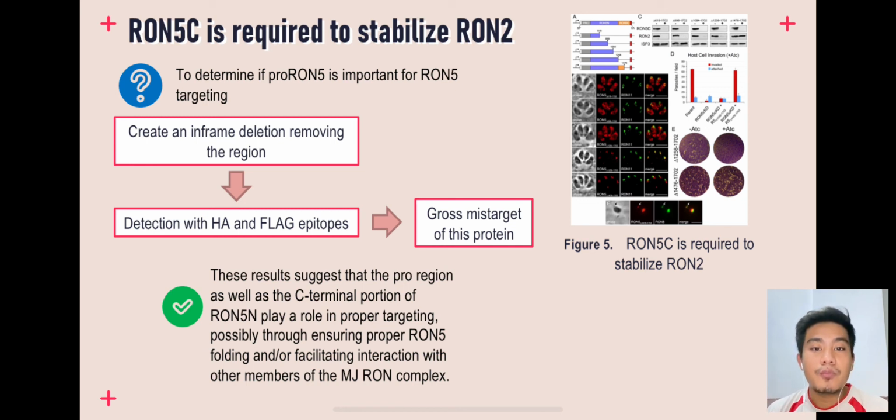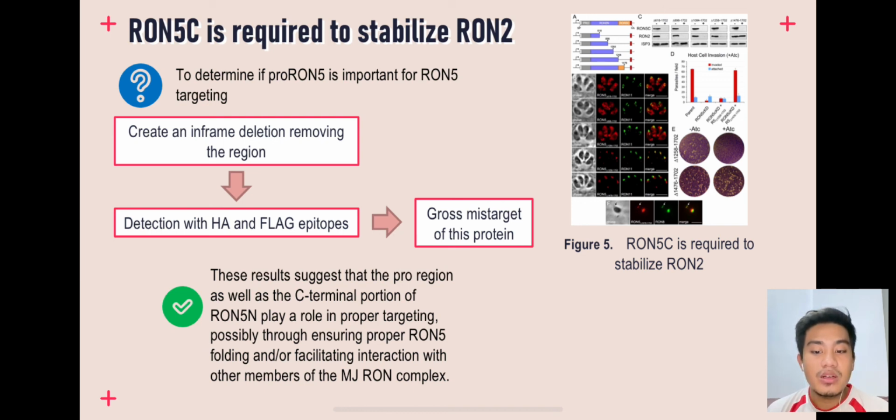To see if pro-RON5 is necessary for RON5 targeting, an in-frame deletion was made in the HA-FLAG double-tagged RON5 expression cassette, deleting the region between the signal peptide and the suspected pro-cleavage site. This protein was found to be grossly mistargeted using both HA and FLAG epitopes, which implies that pro-RON5 is required for RON5 targeting.